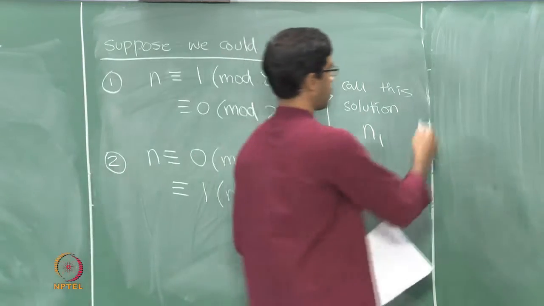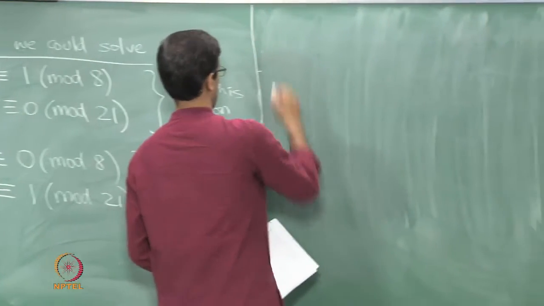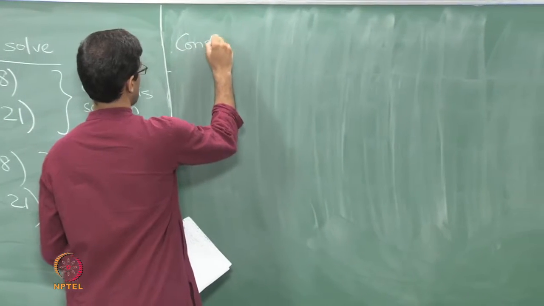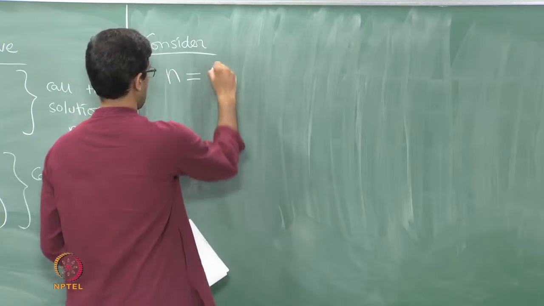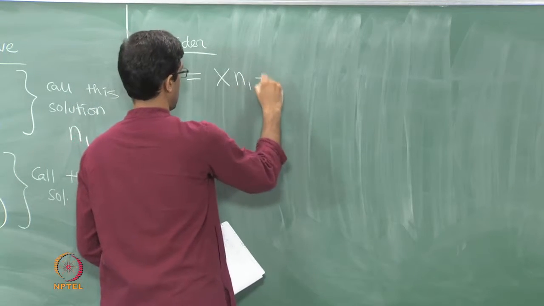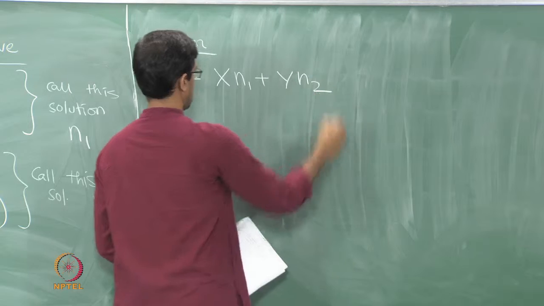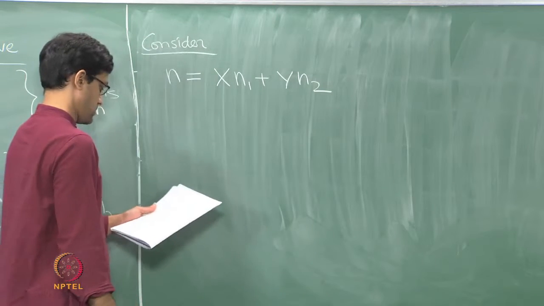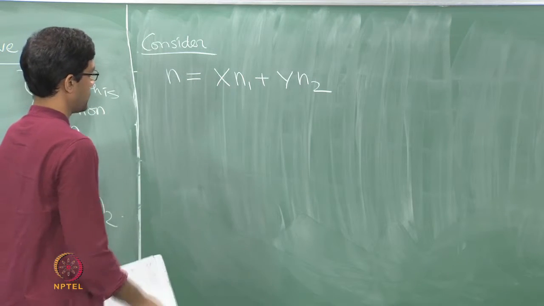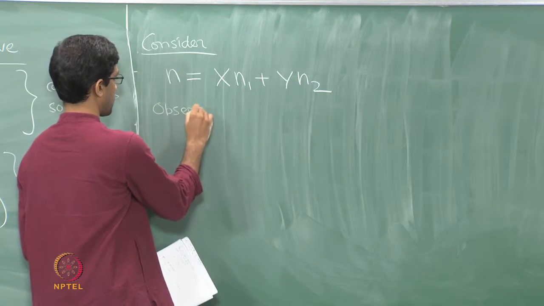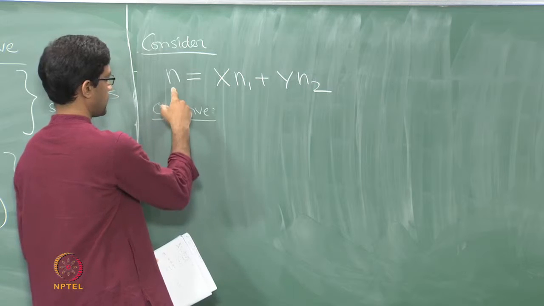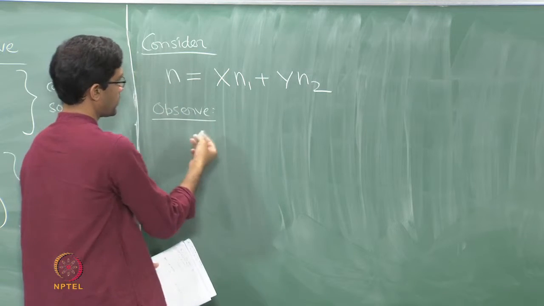How do you solve the general problem? Consider the following choice of n: x times n1 plus y times n2. Define n to be this, and observe what you get when you look at the remainder of n. What is n congruent to modulo 8?